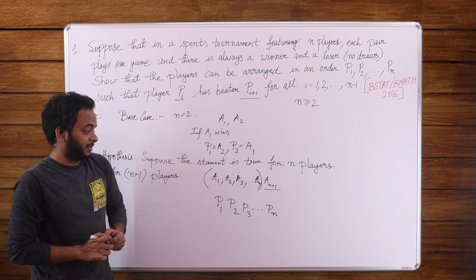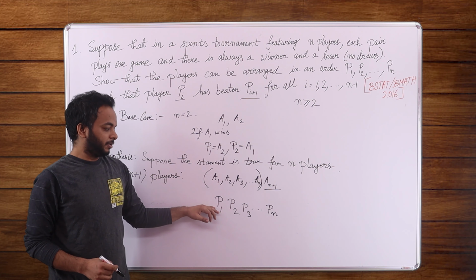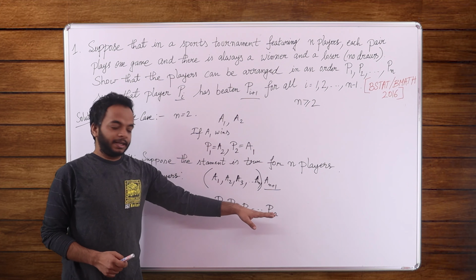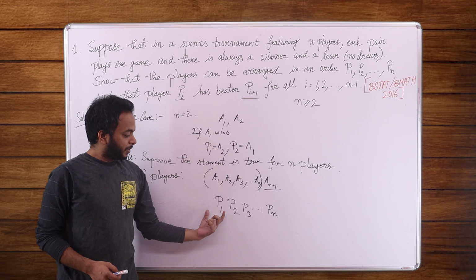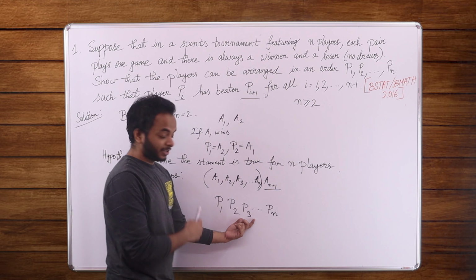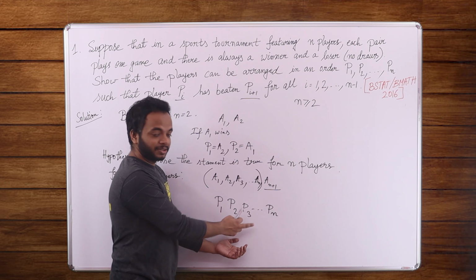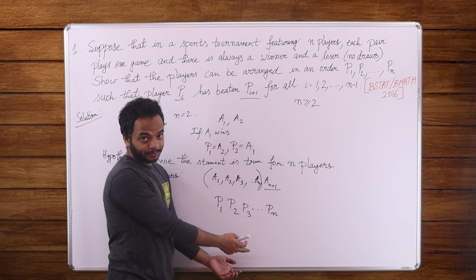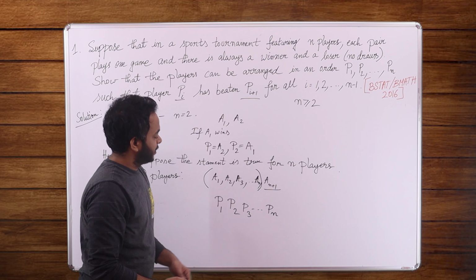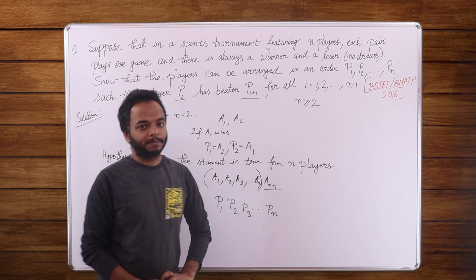By the induction hypothesis I am arranging them into a straight line such that P1 has beaten P2, P2 has beaten P3. It's not a transitive relation: P1 has beaten P2 and P2 has beaten P3 doesn't mean P1 has beaten P3. And so on till Pn minus 1 has beaten Pn.